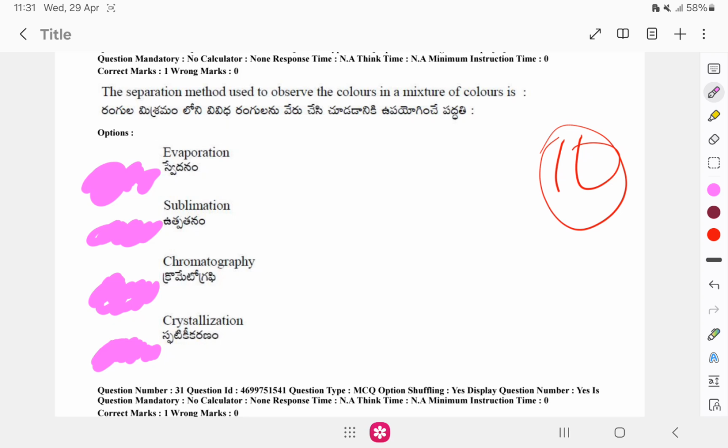One, 2, 3, 4, 5. And the correct answer is chromatography, friends. Now I will give you explanation.